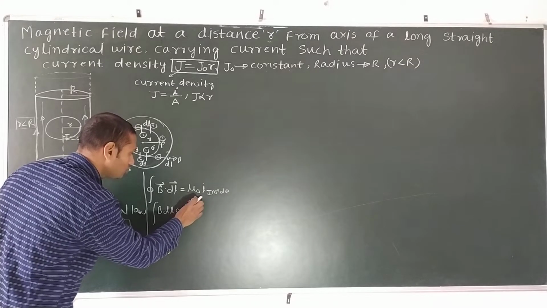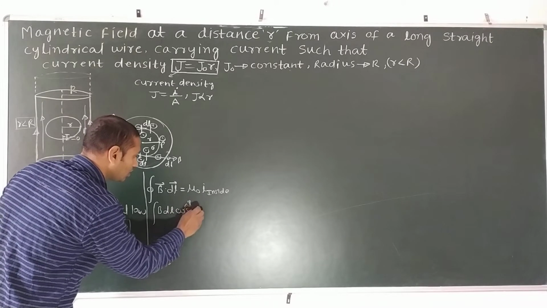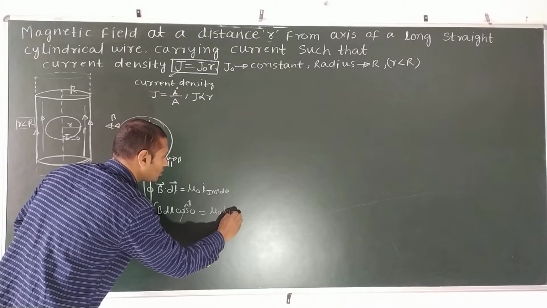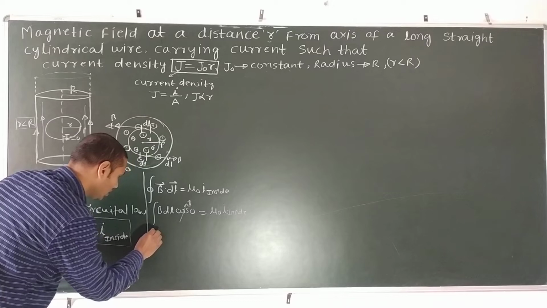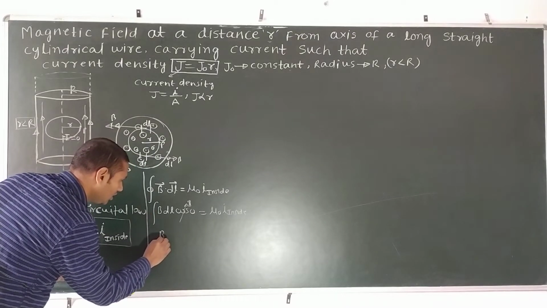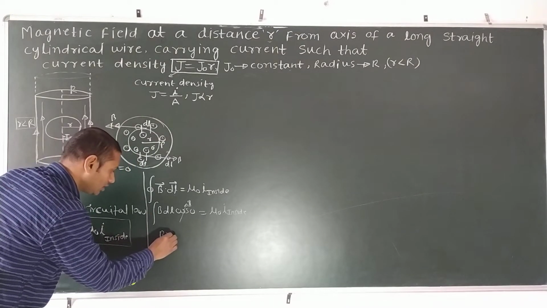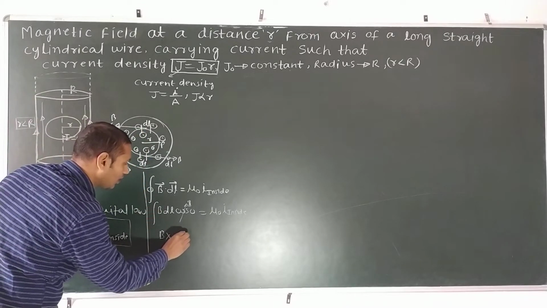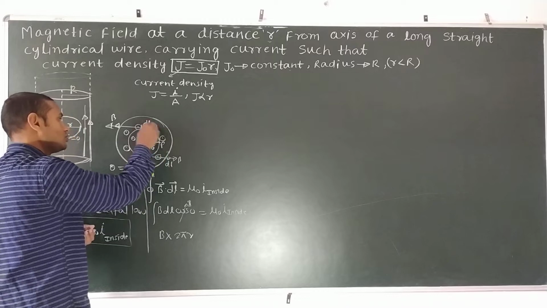The cos 0 becomes 1, and from here mu naught times the current inside, that is from here B will come out, and the integration of dl becomes 2 pi r, because this is the circumference of the circle.